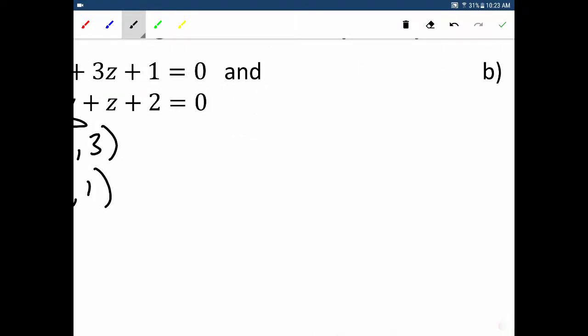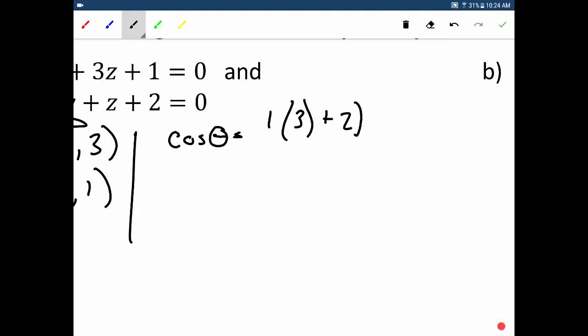Okay? So now I'm going to use the formula, which is cos theta equals, I've got the formula written right up there, so I'm just going to go right into it. I've got 1 times 3, because I'm doing the dot product here, plus 2 times 2, plus 3 times 1.